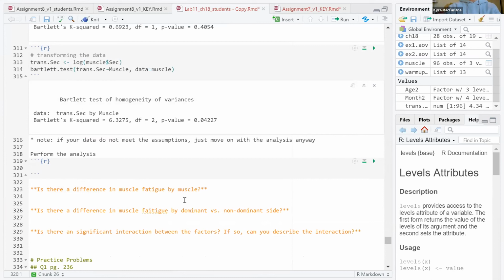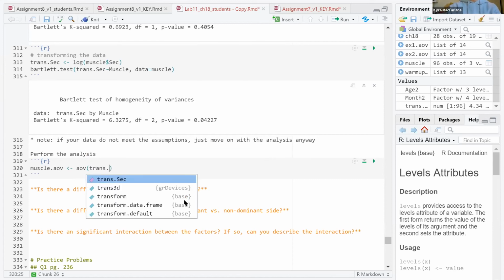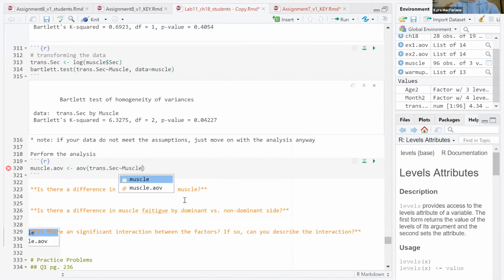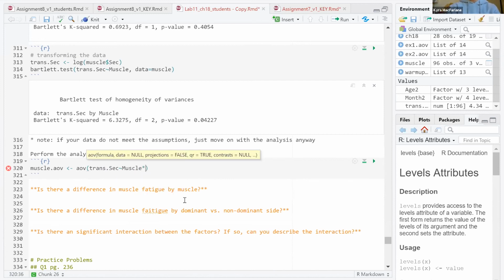So doing the analysis, let's make our ANOVA. So muscle AOV, we're organizing, and we'll use the transformed data. So trans sec by muscle and side.